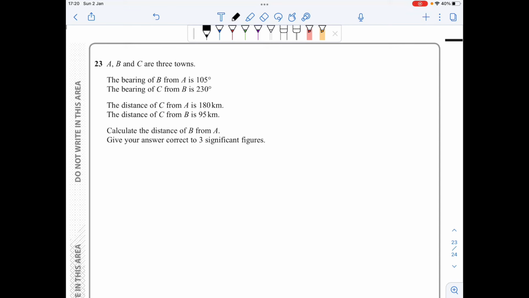Let's start question 23 by drawing a diagram. So from town A at a bearing of 105, I'll find town B. So here is town A. Let's draw the north and let's make an angle of 105 starting from the north and going clockwise.